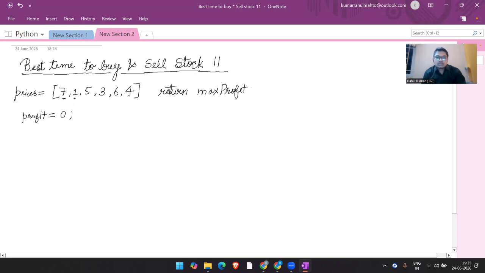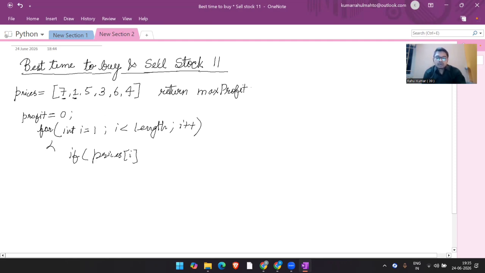So what is the next day? This day. So I will start a for loop here. I will start the iteration from here to sell the stock. So int i equals 1, i less than the length of the array, i plus plus. Then in this I will check whether my current position is where I sell the stock.